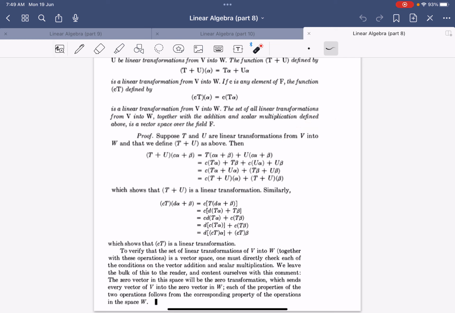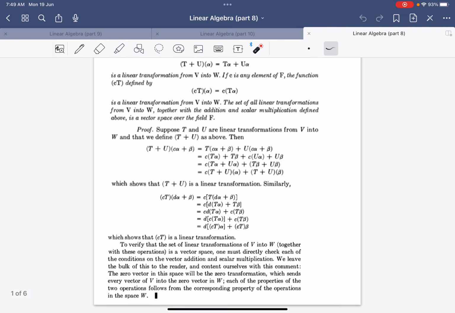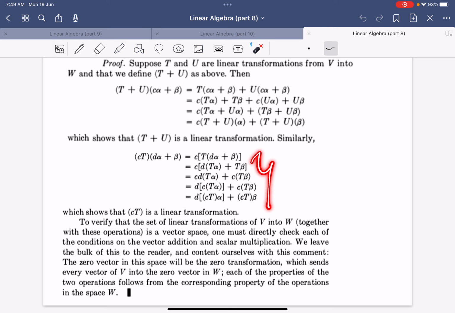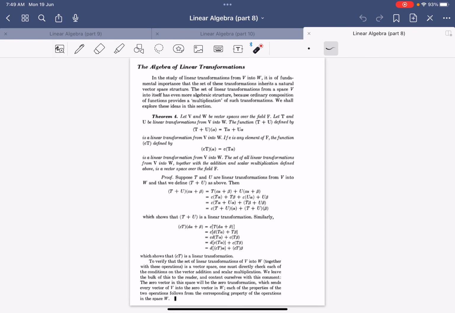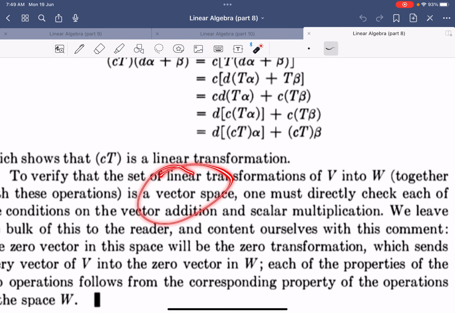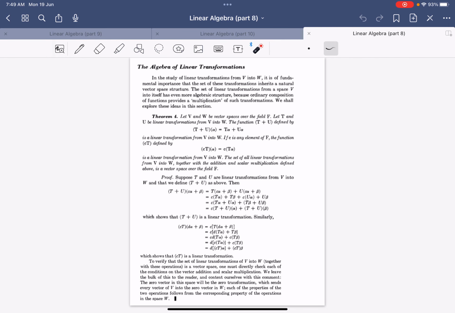Similarly for this, and then you regroup it and you see that T plus U is a linear transformation as well. Same goes for showing that scalar multiplication remains a linear transformation, and this allows us to show that it's closed under both vector addition and scalar multiplication. So all you need to show is that the zero transformation is inside this set, and this will show that it is a vector space.